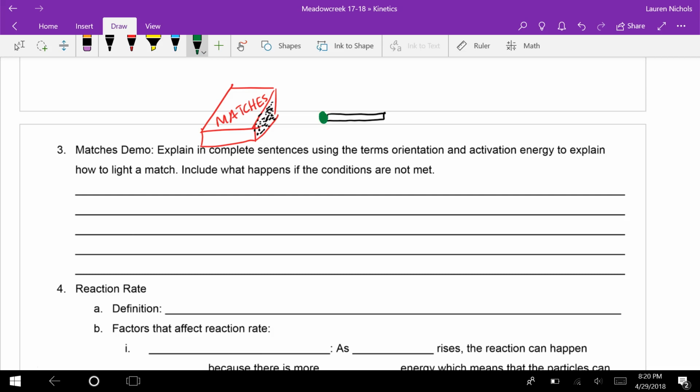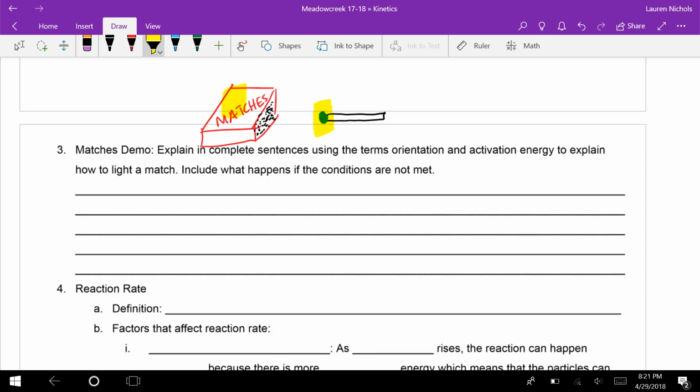That was interesting. And so what I did was I took the matchbox and the match and I oriented them in different ways. And I said, okay, what happens if I take this end and I hit it against this part of the matchbook? And I would hit it really, really hard and it would not light. And then I would say, okay, what if I take this end, the green or red tipped end, and I still hit it against this part?